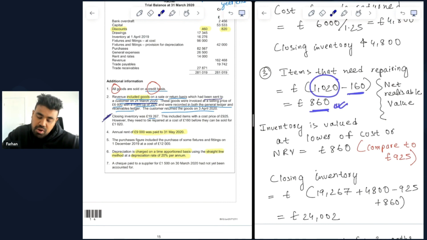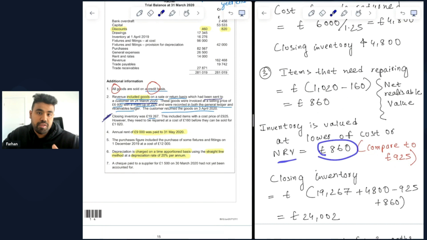So when comparing the net realizable value of £860 with the original cost of £925 for this inventory, we understand that the lower is in fact the net realizable value, and that is what we should value this bunch of inventory at, which is £860.